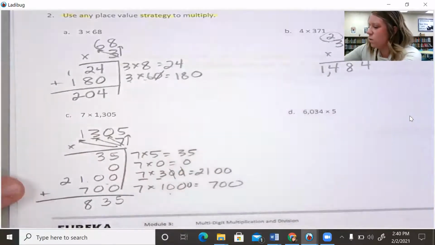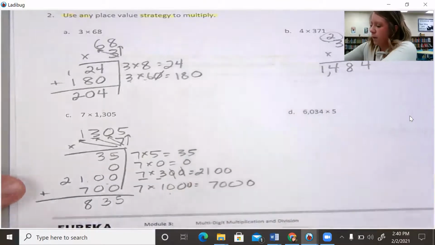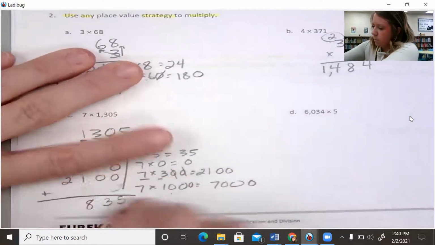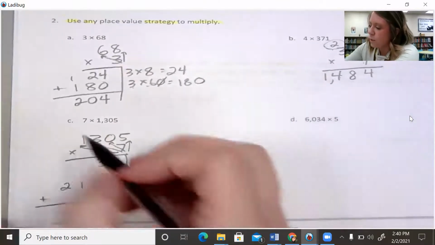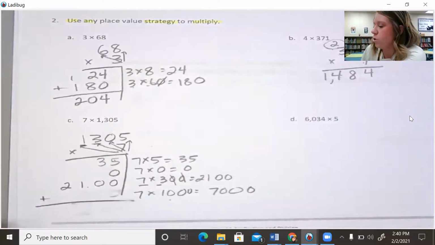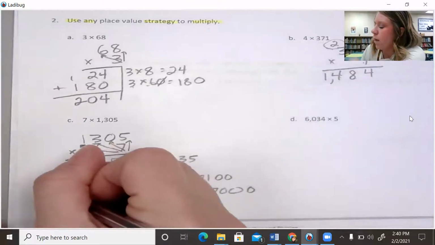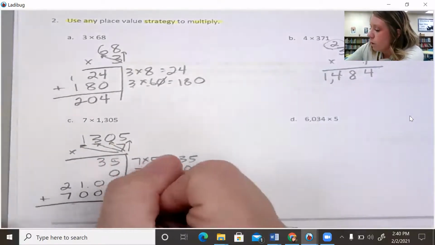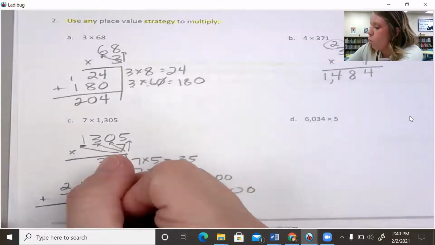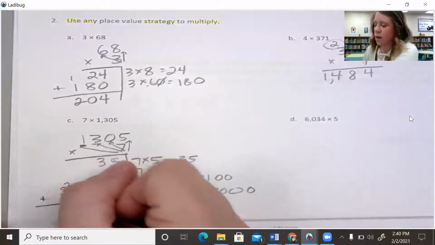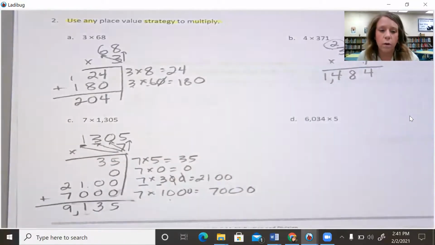I knew that didn't look correct, so I need to fix this. So this is 1,000, not 100. So I have 3 zeros. 1, 2, 3, and then a 7. So I have 5, 3, 1. 7 plus 2 is 9 for a total of 9,135.